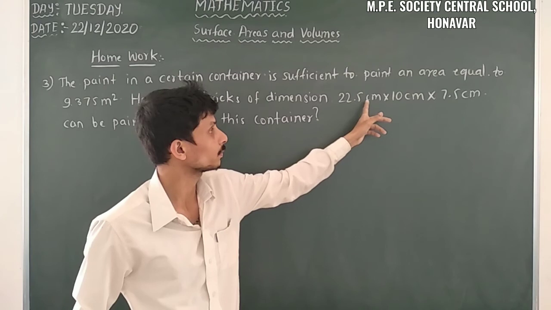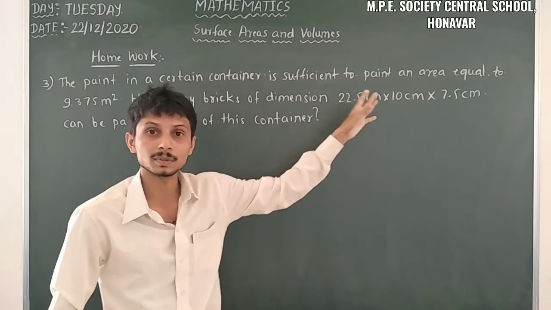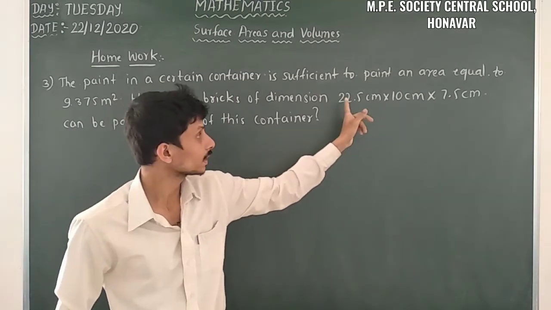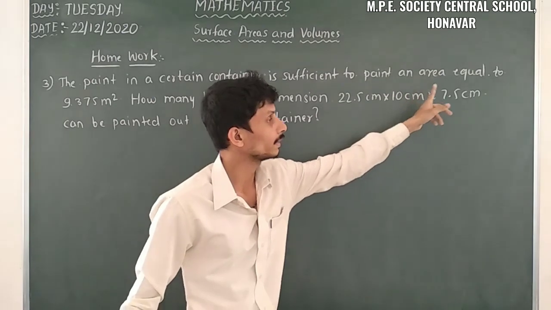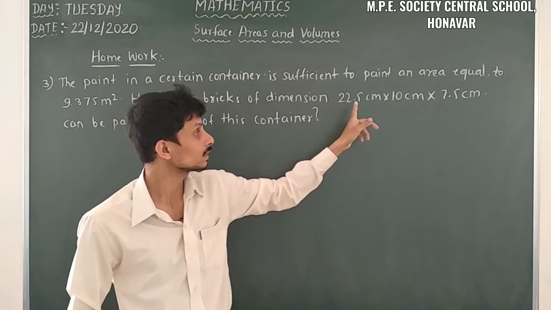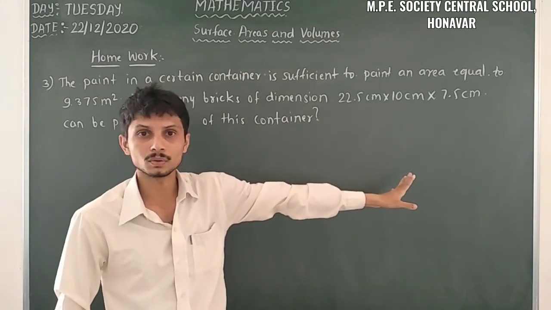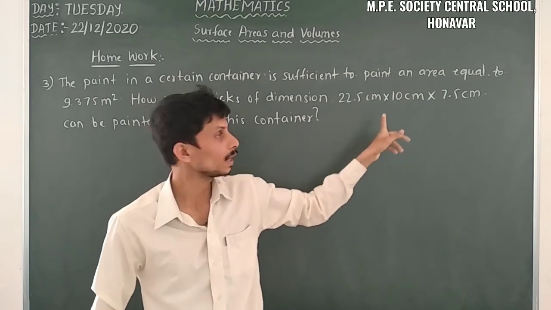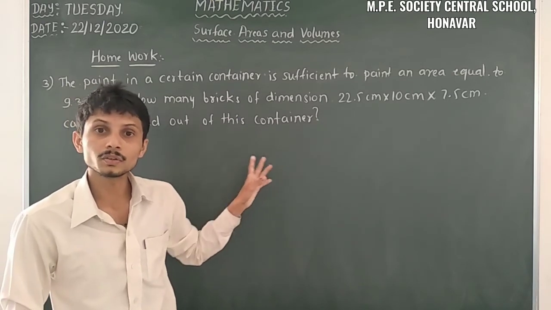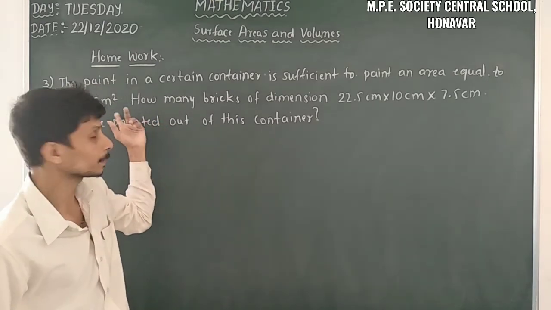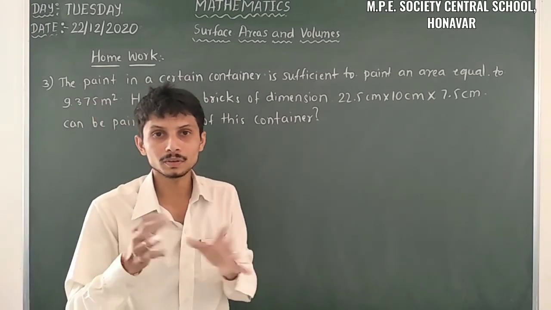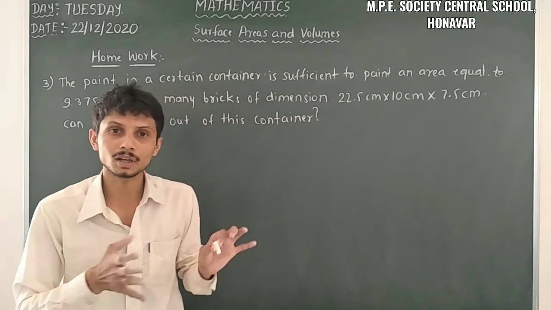That is L into B into H, the value of L, B and H. Using these values of L, B and H, you have to find the area of each brick here. The total surface area is given and the surface area of each brick is given. When you divide these, we can get the values. Already we know that.